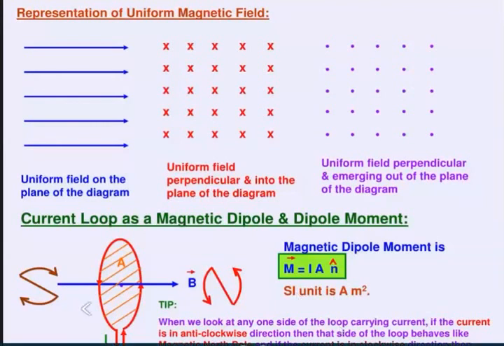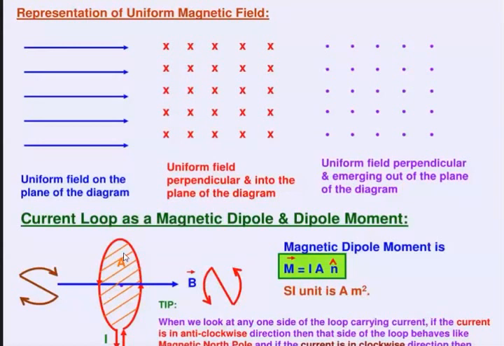If area is increased, that means the radius of the loop is increased, then area will increase. If you make the radius twice, then area becomes 4 times, and hence dipole moment becomes 4 times, keeping current constant. If radius is thrice, then area becomes 9 times.